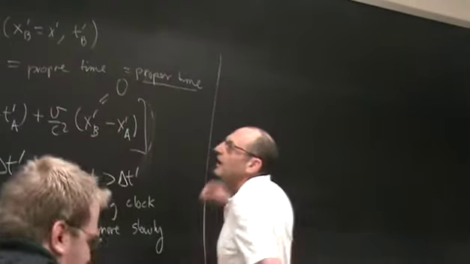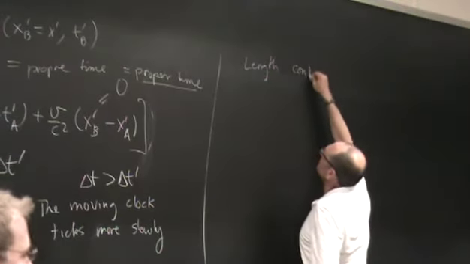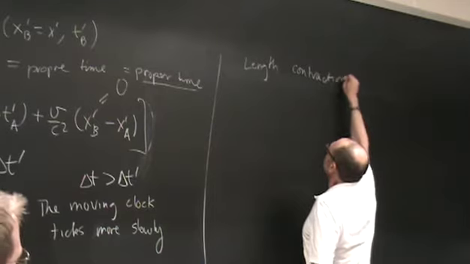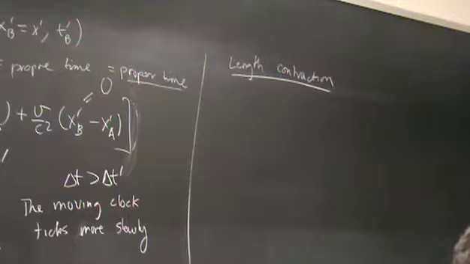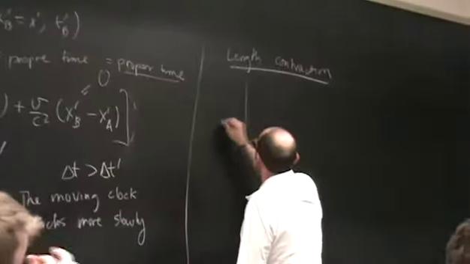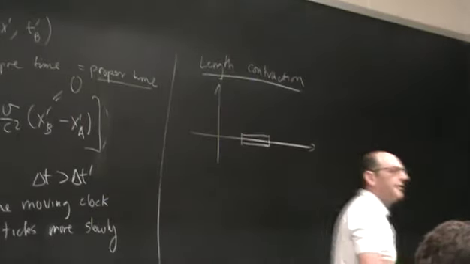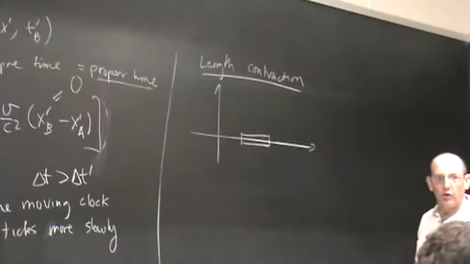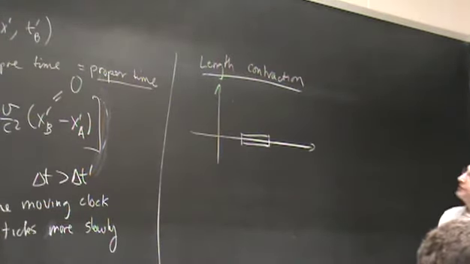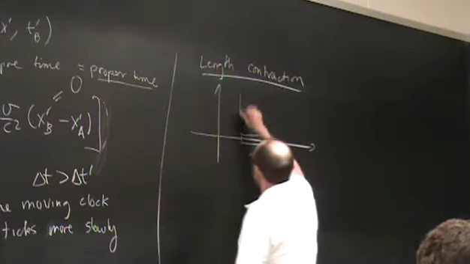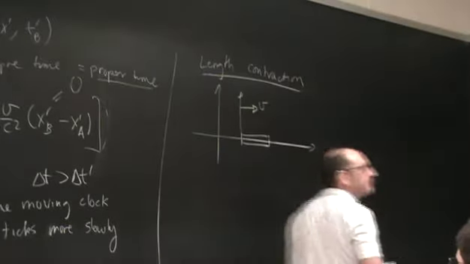Okay, so of course we also have length contraction. If I have a ruler that has some length in its own rest frame, I want to know what is the length of that ruler as seen by me as it's moving by with some velocity v.